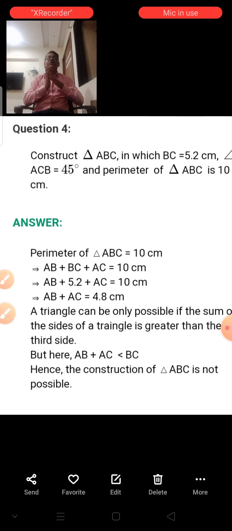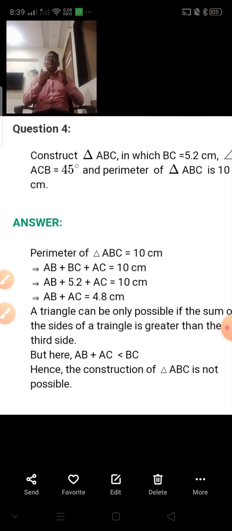Only three questions you have to construct, 1, 2, 3. And I will give the assignment today to construct different triangles. You have to construct those triangles on foolscape paper and keep the paper with you.